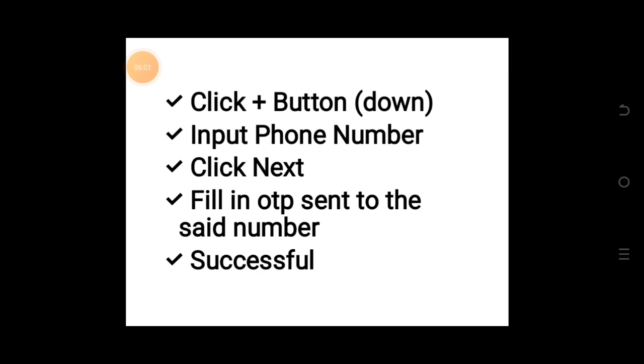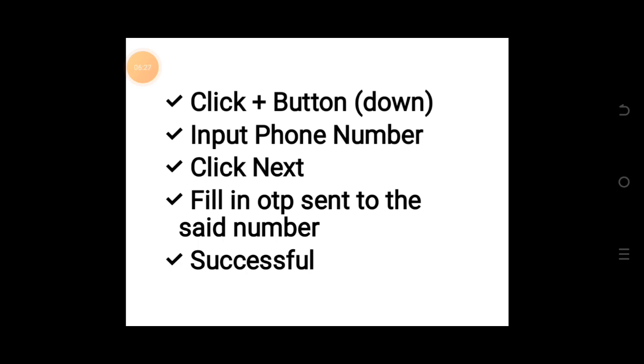It takes you to the next page where you input your phone number. Take note, if you have 1, 2, 3, 4, 5, as many numbers as you have, you can only do it one after the other. So take the first number that you want to link, input it into the box that appears on this next page, and then click on next.